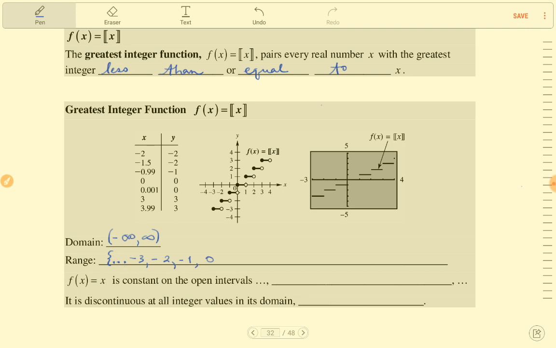Okay, so we're saying the y values can be -3, -2, -1, 0, +1, +2, +3, and so on in that fashion on each side.